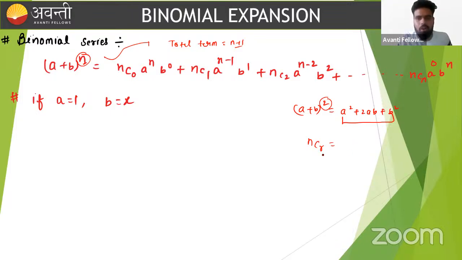This is known as combination, and it can be written as n factorial divided by r factorial into (n minus r) factorial.